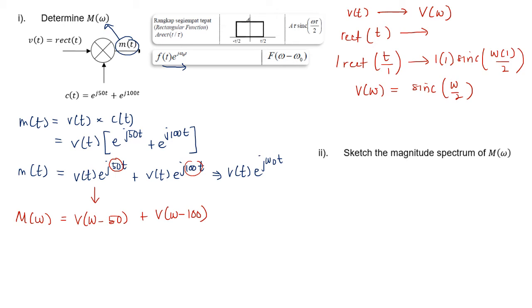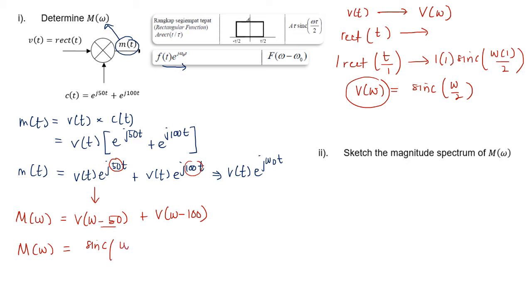Therefore, your M(omega) is equal to V(omega), but the omega must be having some shifting. So the first one is V(omega), a sinc function of the first omega, but shifted by 50.